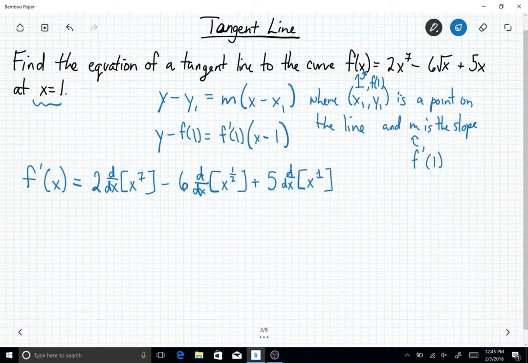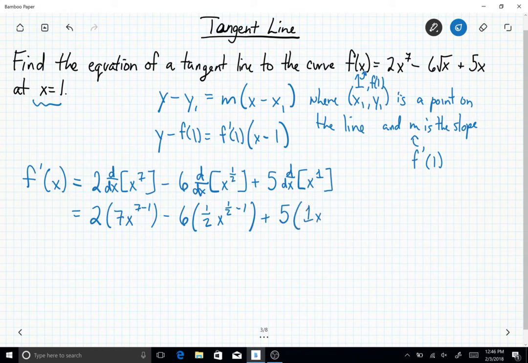Okay, so that means our derivative is 2 times 7x to the 7 minus 1, minus 6 times 1/2 x to the 1/2 minus 1, plus 5 times 1 times x to the 1 minus 1.